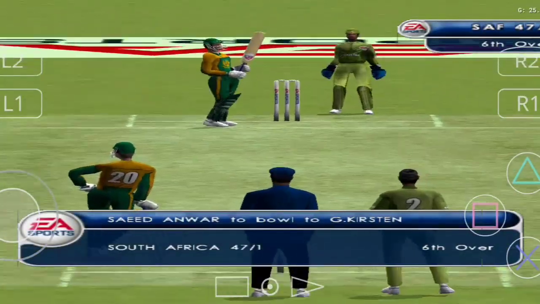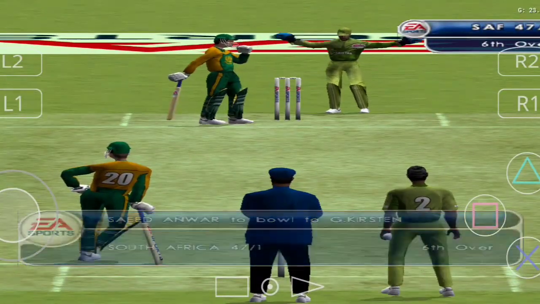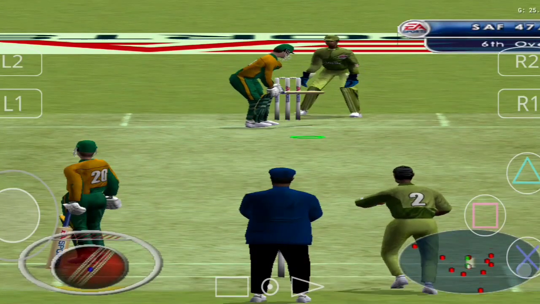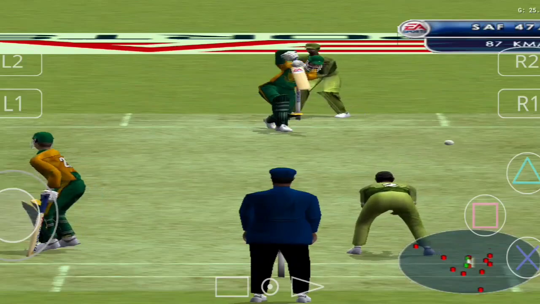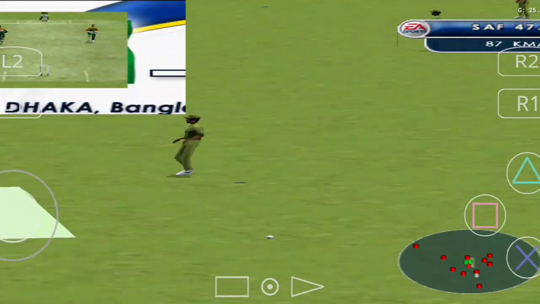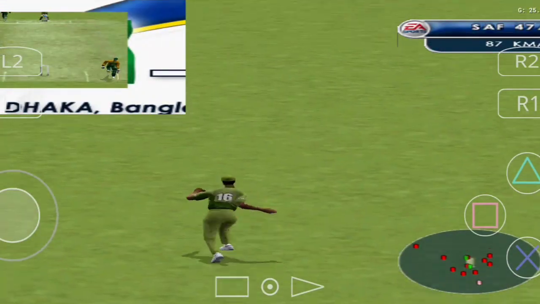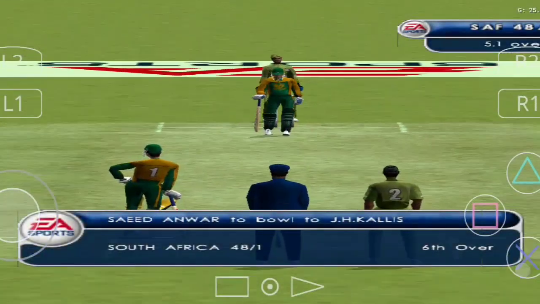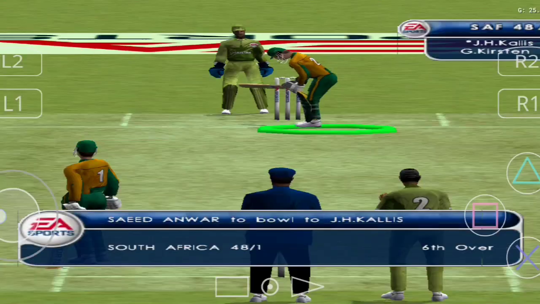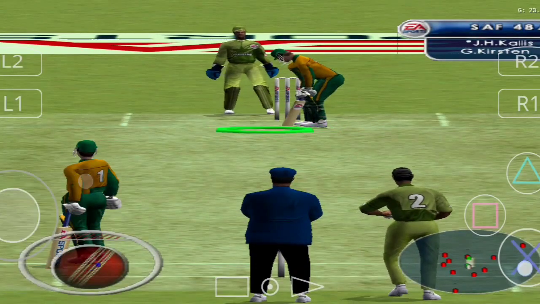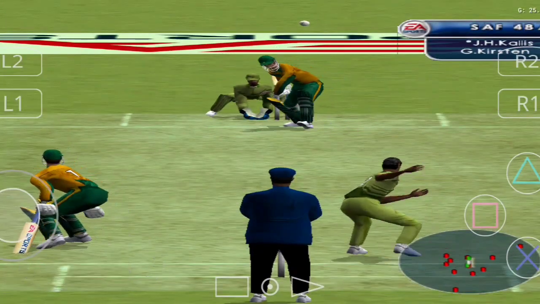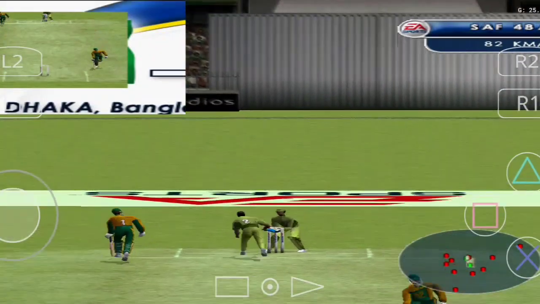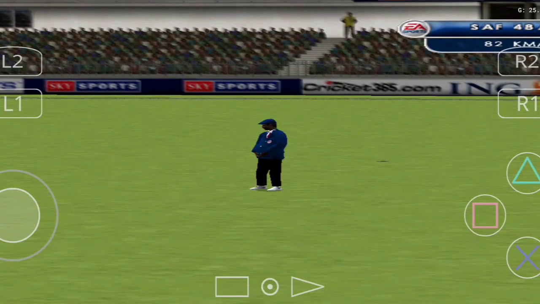Pakistan are about to make a change in the bowling. He's worked that into the gap. Cullis facing. That's the first runs of the day for Cullis.